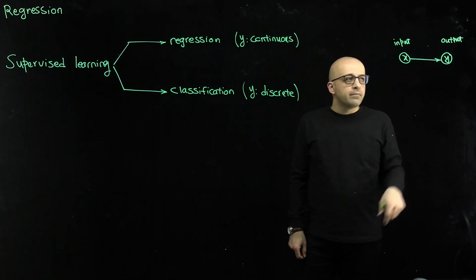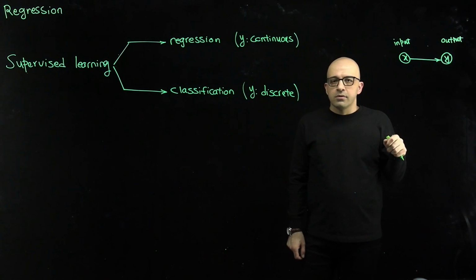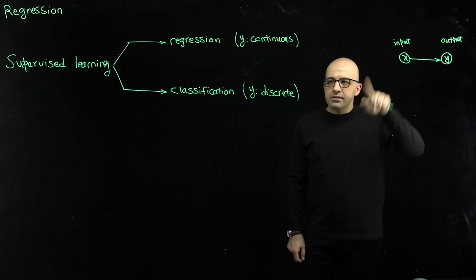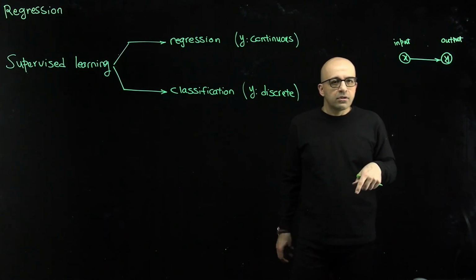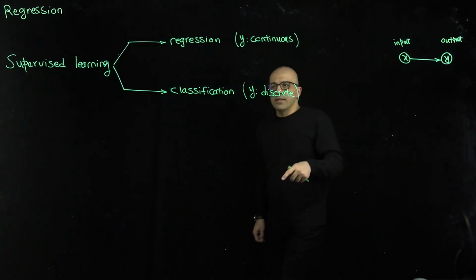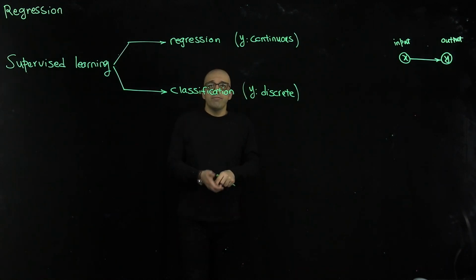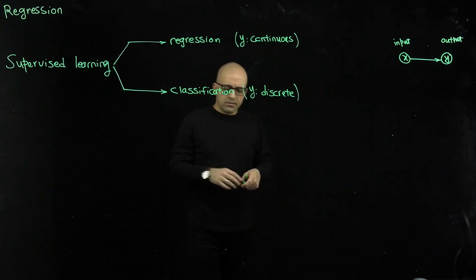So Y is either 0 or 1 or 2 all the way to 9. Y can only take any of these 10 values, so it's a discrete value, and that is a classification problem. But I want to focus on regression in this video and the next few videos.